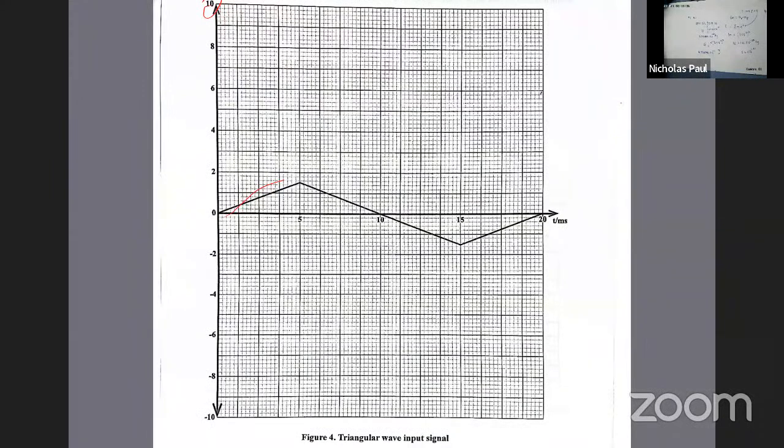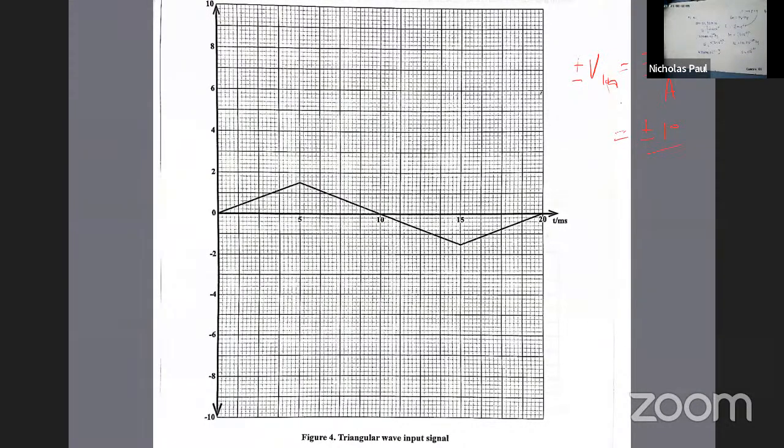That's the input. This is not a comparator, so you're not comparing anything. We have to figure out what will cause saturation. So we have to work out the maximum and minimum Vin. That'll be plus or minus supply over the gain. So that's plus or minus 10 over the gain, which was 11.